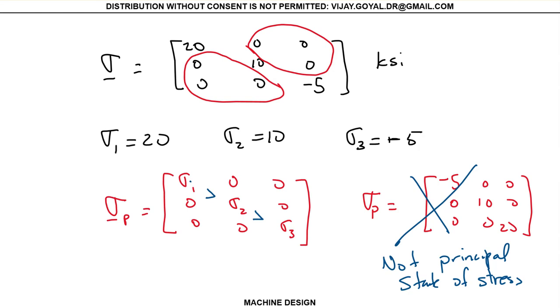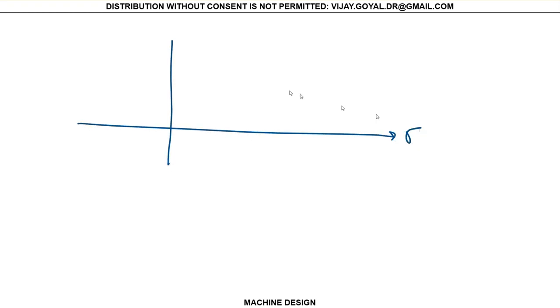One of the advantages of finding this is that you can also draw the Mohr circle using reverse engineering. If I know this is sigma, and I take tau positive upwards, and I know my values are 20, 10, minus 5, so minus 5, 10, 20.